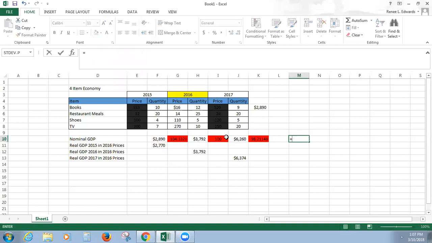So here I would take 100 minus old, 104. I have to put these in parentheses, so new minus old divided by old. All of that times 100.